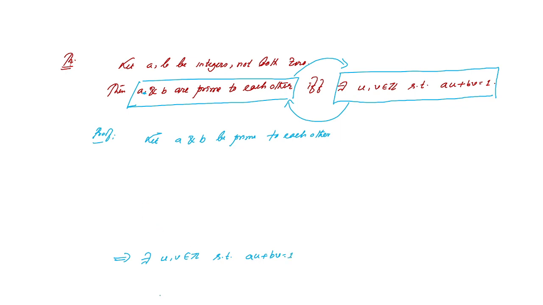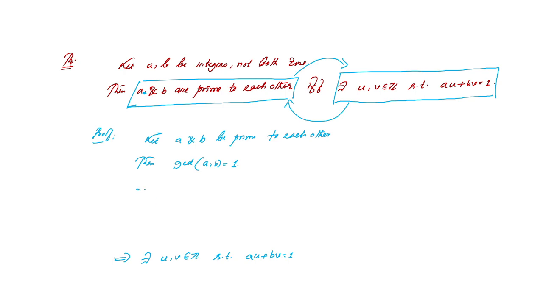So A and B are prime to each other. That means, according to the definition of relatively prime, GCD of A and B equals 1.